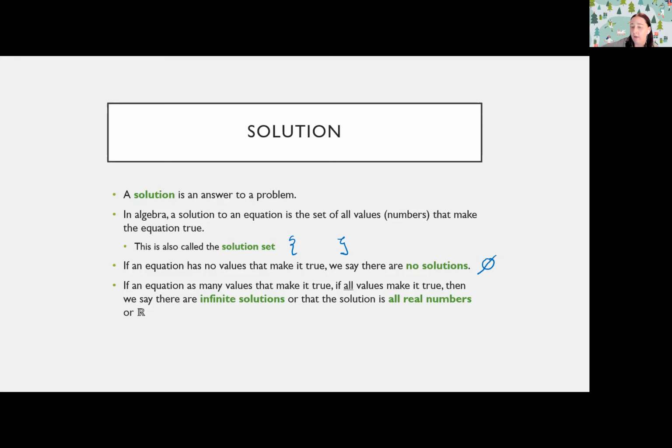You could have many values that make something true. You can also have all numbers that you put in make it true. And if any number makes it true, it's called, there are infinite solutions. And we say that the solution is all real numbers, or you'll just use that shortcut symbol for the real numbers, which is that R.